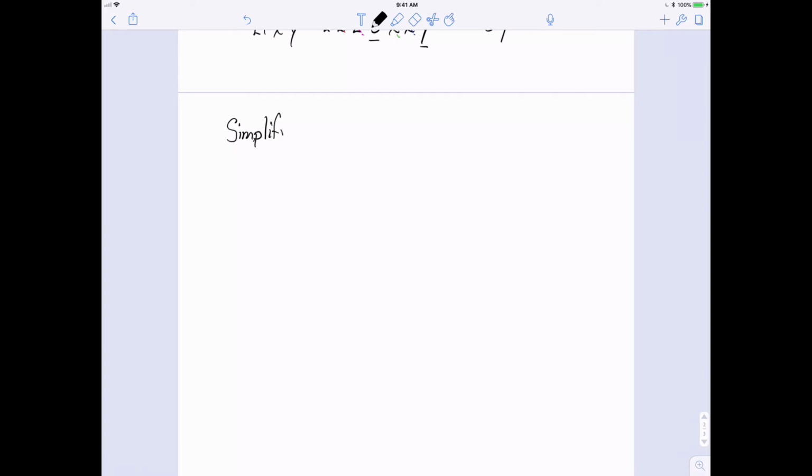Let's simplify 5x cubed minus 20x over 2x cubed minus 10x squared plus 12x. That's the problem that we're going to simplify.